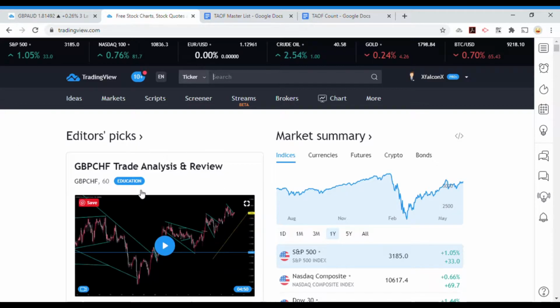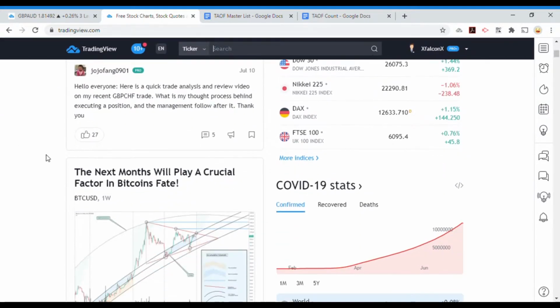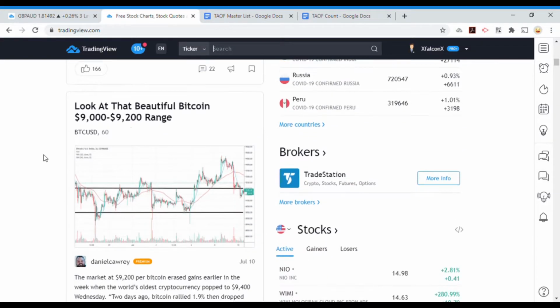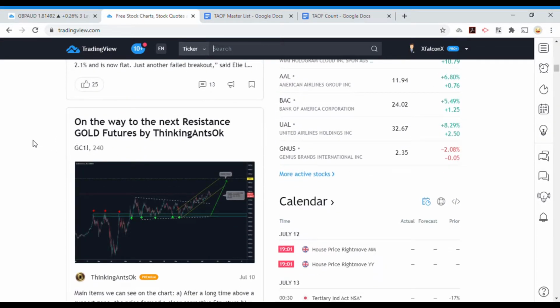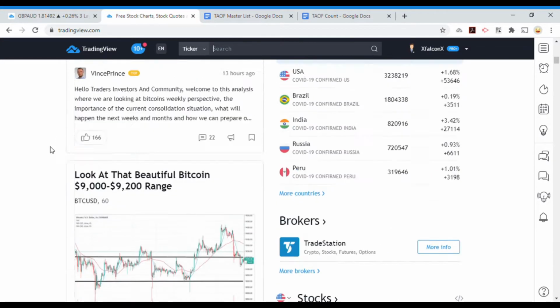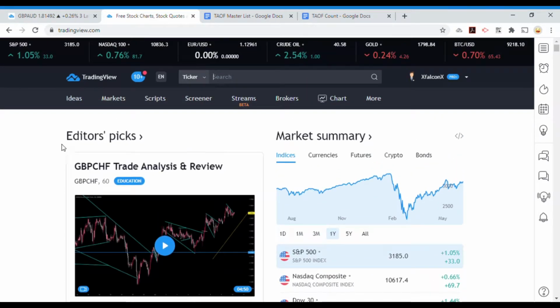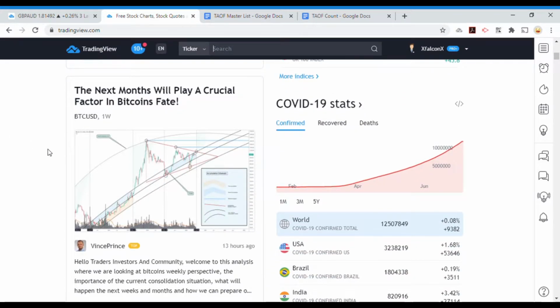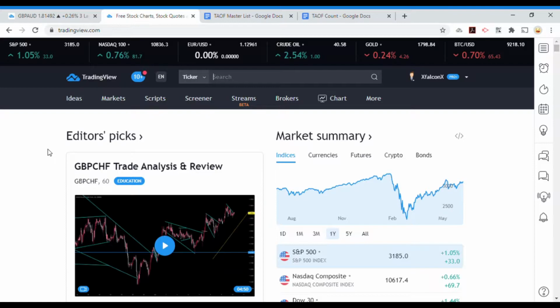But here on the very home page, it has tons of information that you can absorb and look at. Signals and analysis of different pairs, and market summaries, and just tons and tons of information.